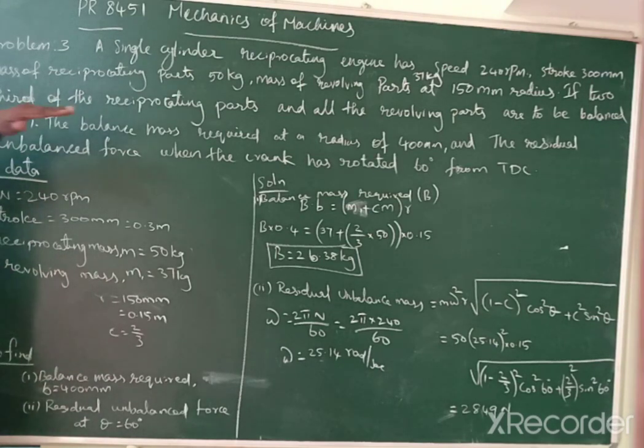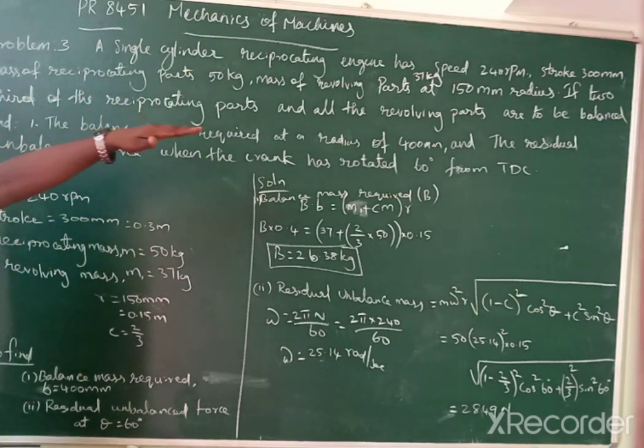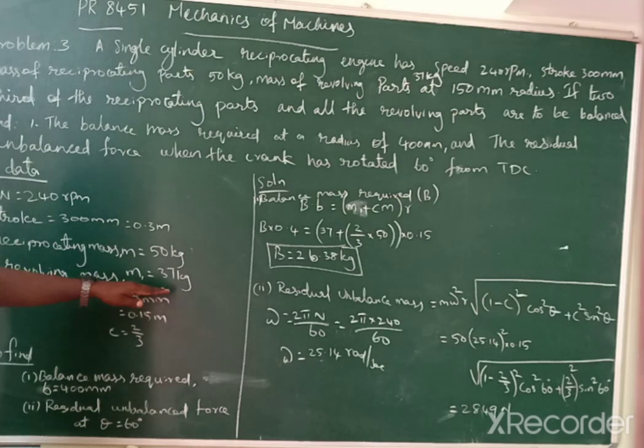What data are given? They gave the speed, that is 240 rpm, and the stroke 300 mm. It's in mm, so we need to convert it to meters, divided by 1000, 0.3 meter. The mass of the reciprocating parts is 50 kg, and mass of revolving parts is 37 kg. The reciprocating part mass is m. The revolving part mass is m1.